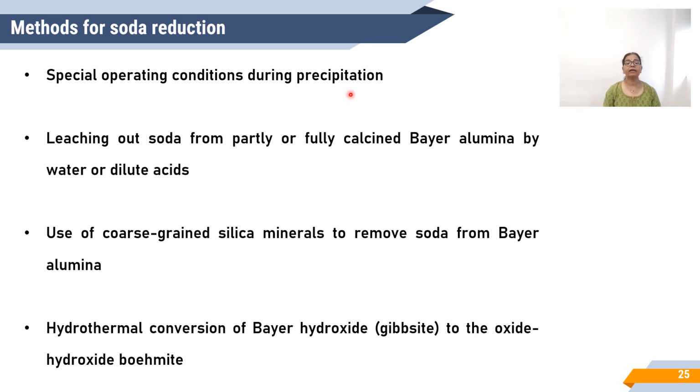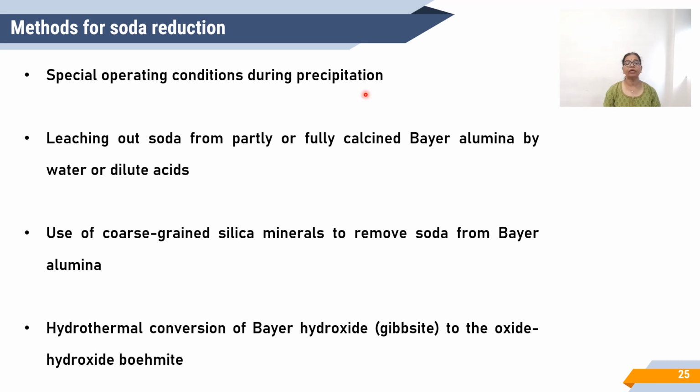A product containing 0.3 to 0.4% soda will have a very low market value as compared to a product having a soda content of less than 0.1%. Nearly 3 to 5 times value addition is there.